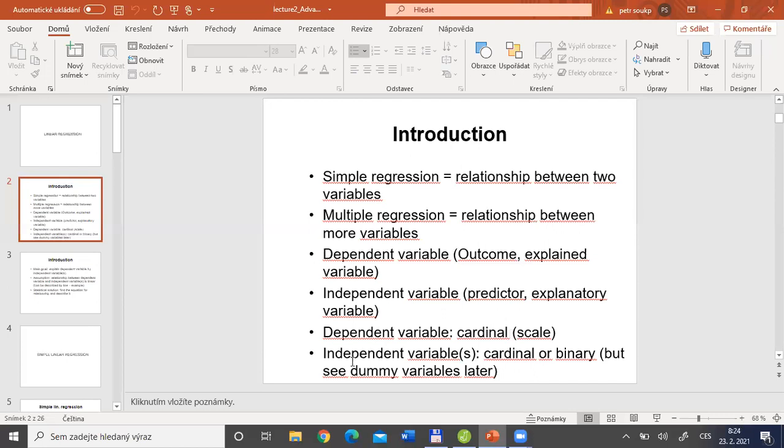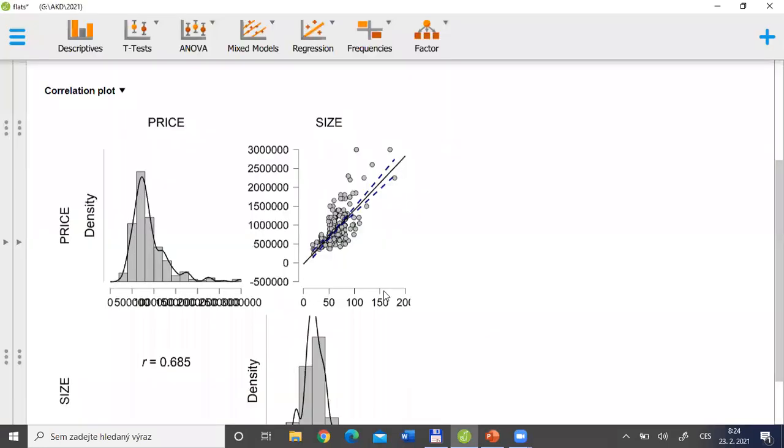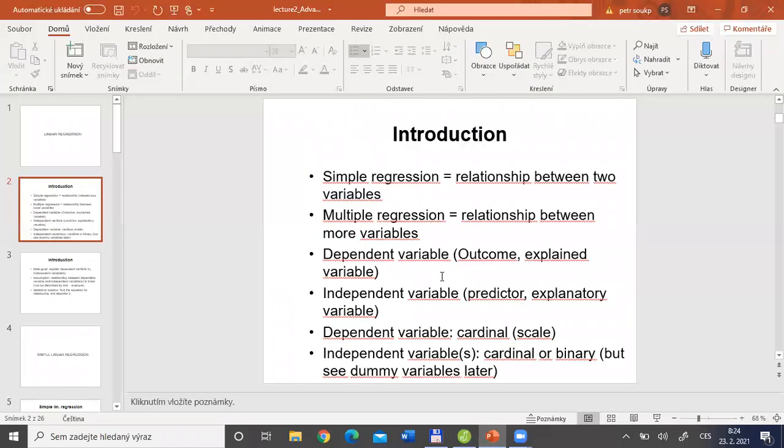For independent variables, here it is, for example, the size of the flat, but in general they should also be cardinal or continuous, or the other option is that directly in a regression model, I can include a binary variable. It means a variable with only two options.